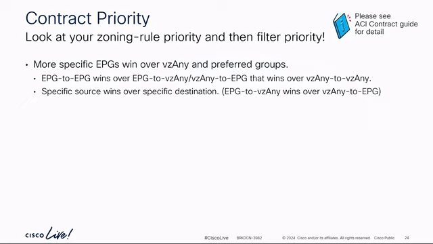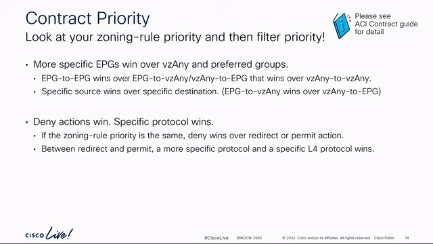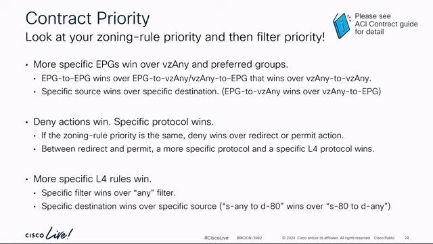So the more specific rule will win. If you have the same granularity of contract, then deny action is the strongest action. And L4 rule-wise, the more specific rule will win. I hope this makes sense, but it's probably hard to digest what it means.